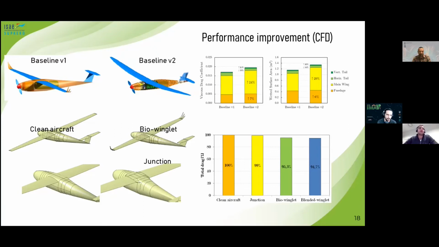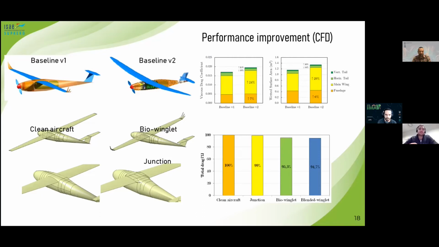We have also compared the clean aircraft with the bio winglet, with the simple blended winglet, and with the specially designed junction between the fuselage and the wing, so that we try to neglect all the small interactions like the appearance of vortices in this region.